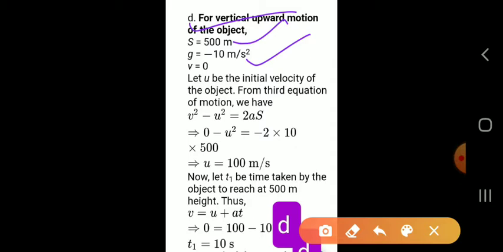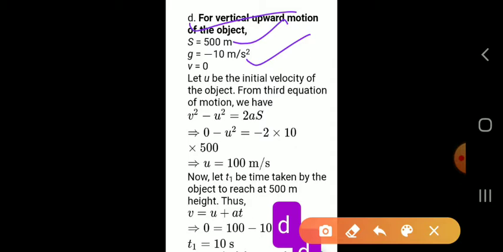From the third equation, V square minus U square is equal to 2AS. Therefore, here V is given as 0. So 0 minus U square will be equal to minus 2 into 10 into 500, it will become U equal to 100 meter per second.